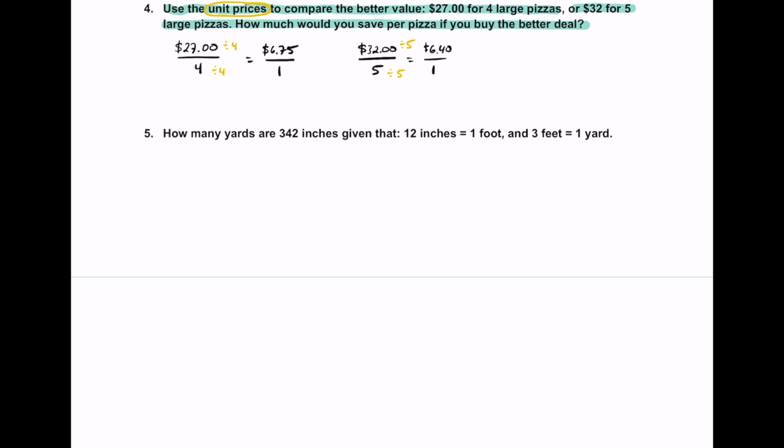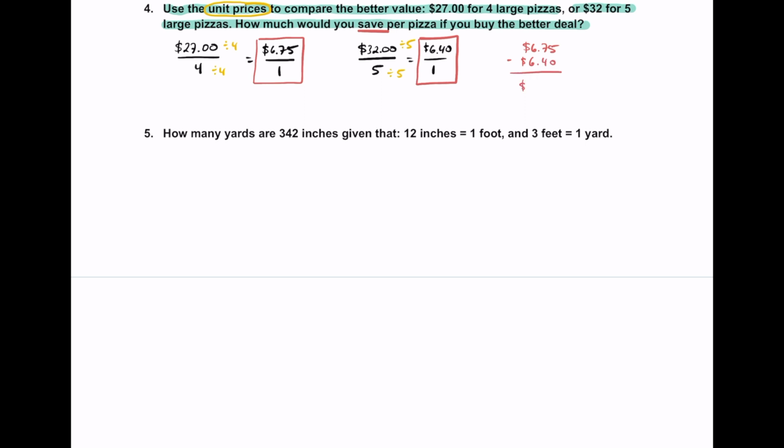Okay, so your job then is to compare these two prices. That's for 1 large pizza from the first place, and this is for 1 large pizza in the second place. The second question says, how much would you save per pizza? Well, you'd have to take the $6.75 and subtract the $6.40 from it.